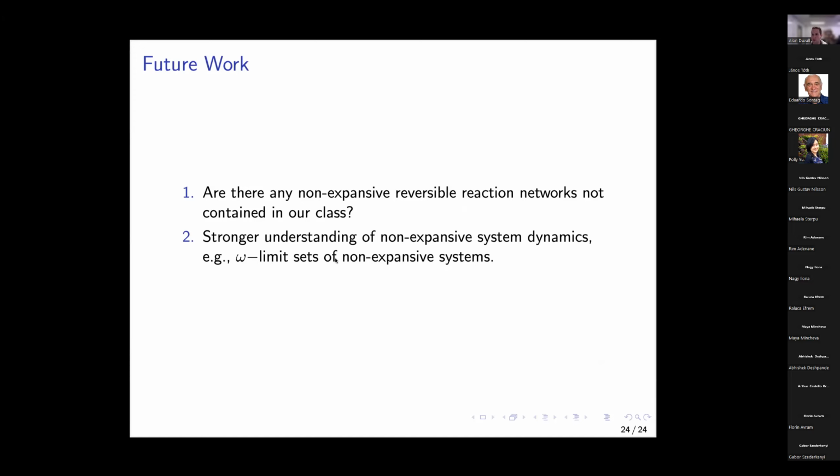If we just have non-expansivity, what does it mean for the omega limit sets? Do they still approach equilibrium? For polyhedral norms, it seems like it might be true, but I don't know. For C1 vector fields, I don't believe there's a proof of that.